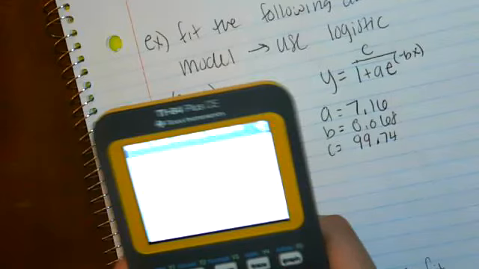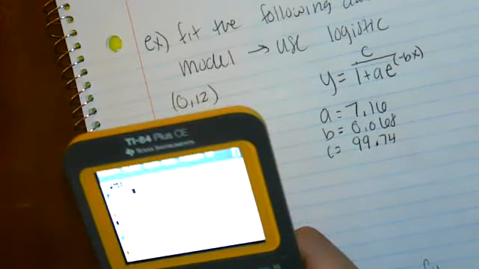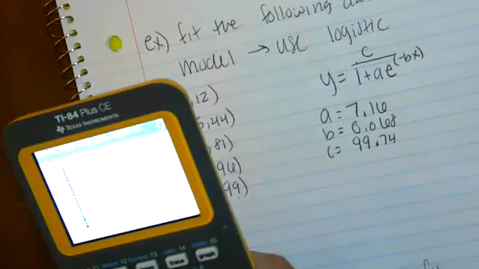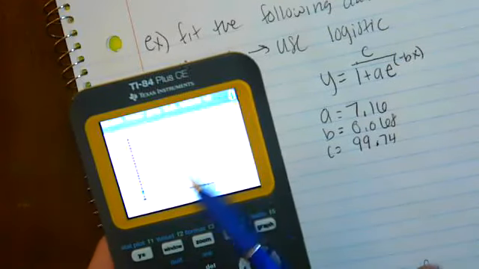So I do want to go to my graph just to see, one, what these data points are looking like. So if I go to it, again, go down to Zoom Stat, and you can kind of see that they're taking a curve up, and that kind of looks like a logistic.